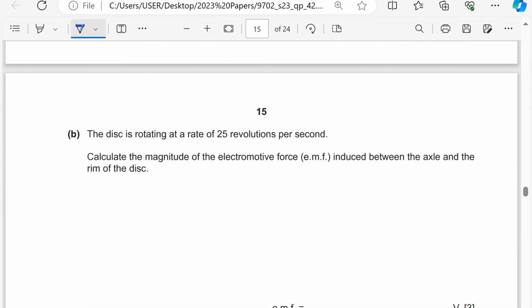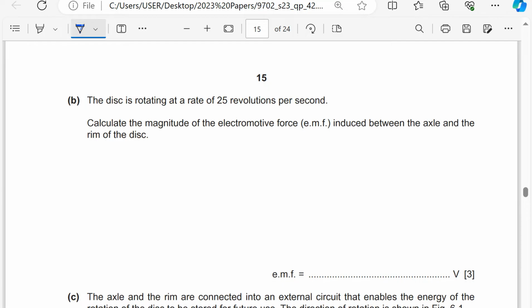Okay, the disk is now rotating at a rate of 25 revolutions per second. Calculate the magnitude of the EMF induced between the axle and the rim of the disk.